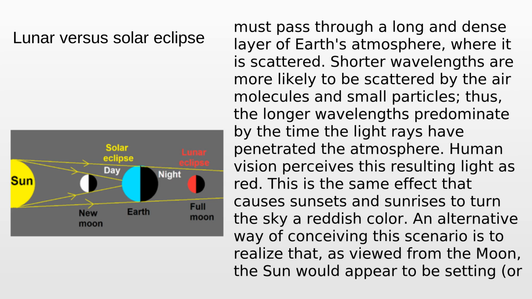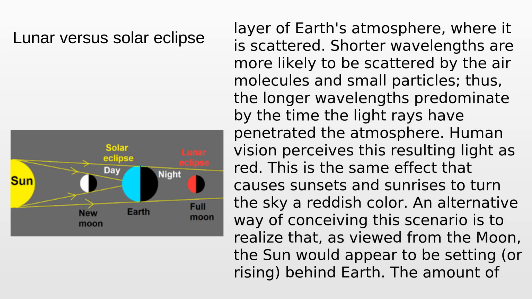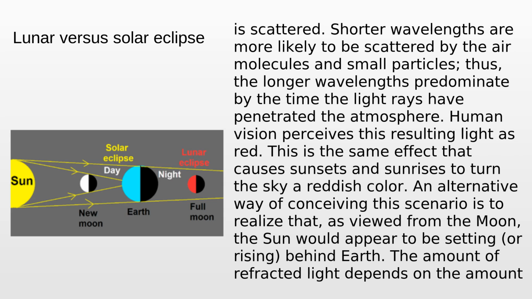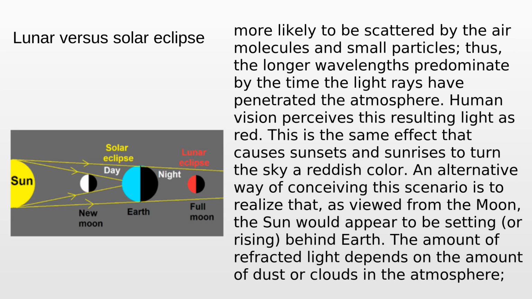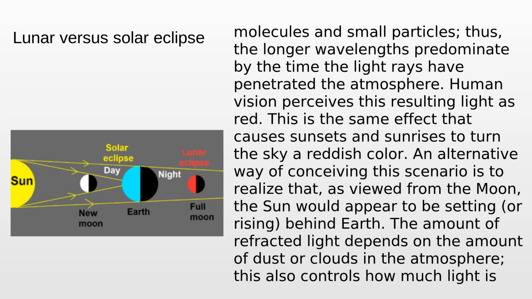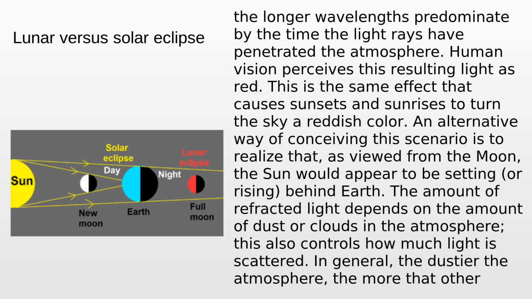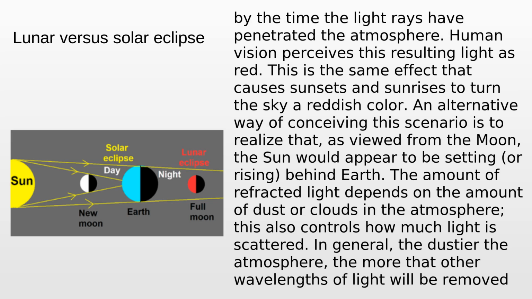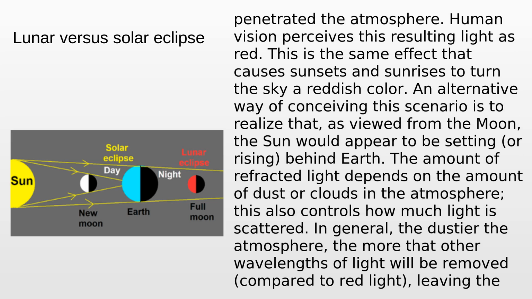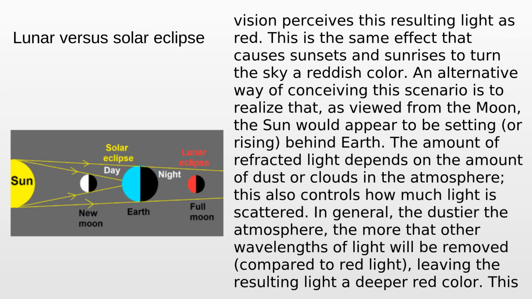Shorter wavelengths are more likely to be scattered by the air molecules and small particles. Thus, the longer wavelengths predominate by the time the light rays have penetrated the atmosphere. Human vision perceives this resulting light as red. This is the same effect that causes sunsets and sunrises to turn the sky a reddish color.